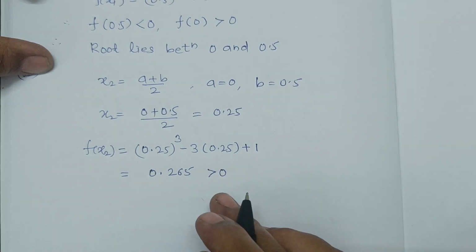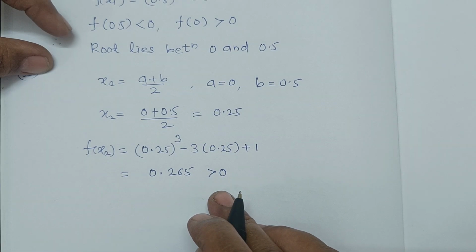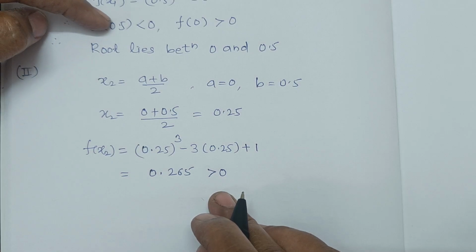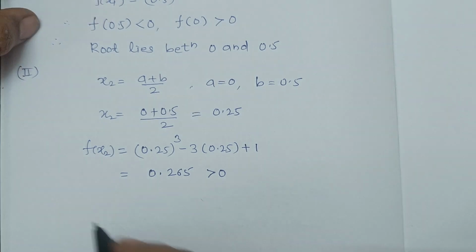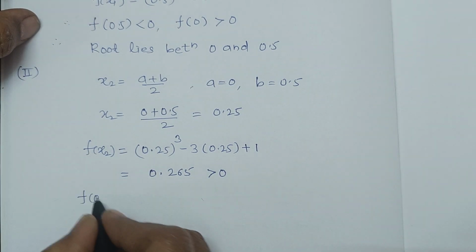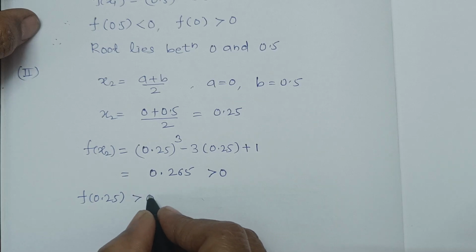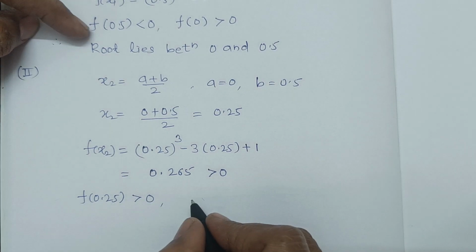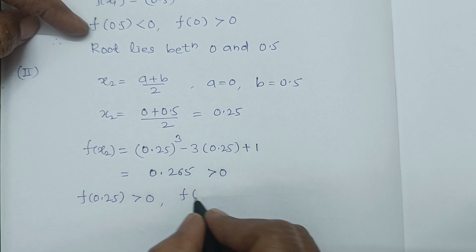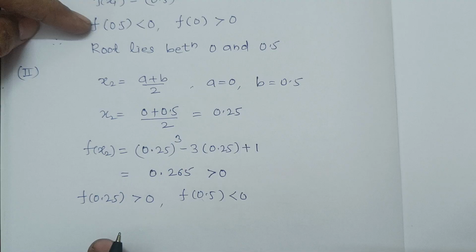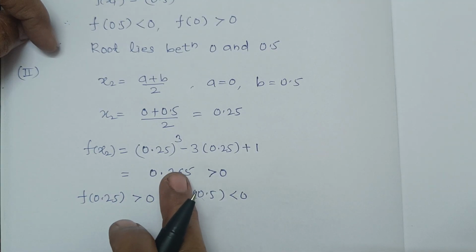Now in previous iteration, less than 0 value is for 0.5. Okay, now above, 0.25 is greater than 0 and less than 0 value is for 0.5. We have to consider this value and this.